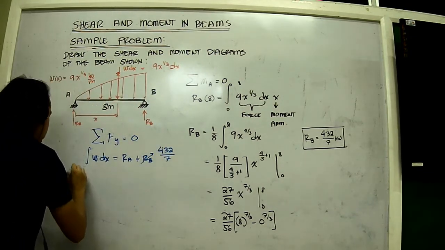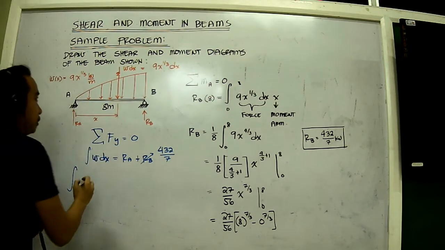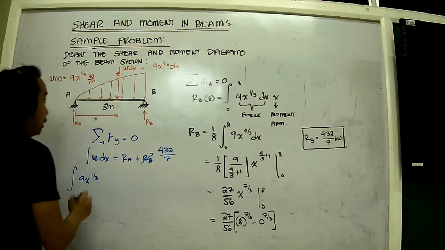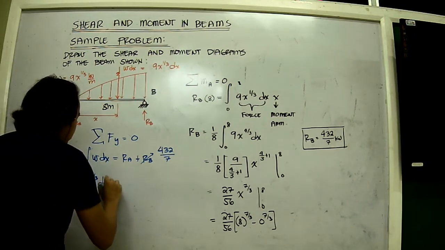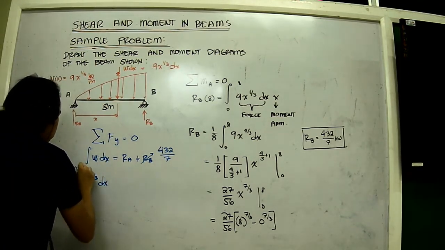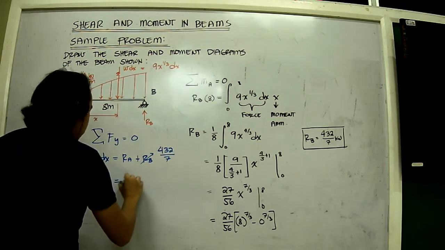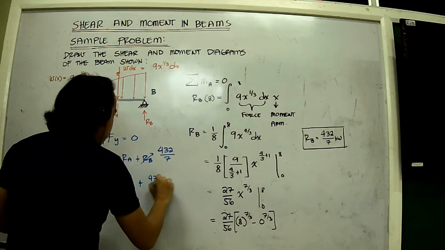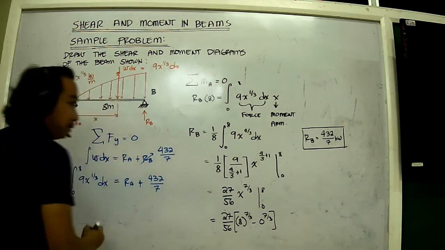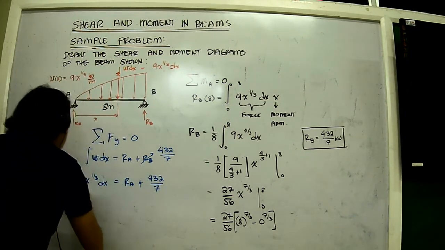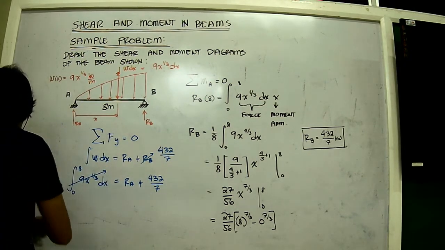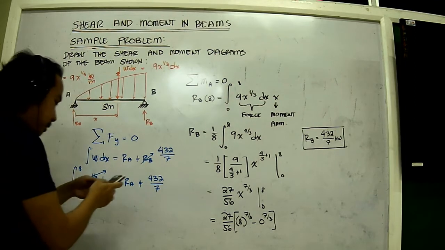Now, W is equal to 9x^(1/3) dx, from 0 to 8. RA plus 432 over 7 equals this entire integral. How much should it amount to?